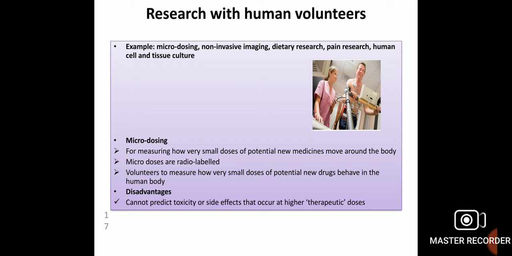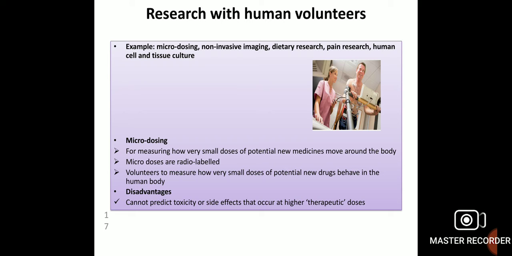Many kinds of research can be done using these techniques, like dietary research and pain research, and human cell and tissue culture can also be done. Microdosing measures how very small doses of potential new medicines move around the body, because some drugs have to be taken in a very small quantity and are very potent.